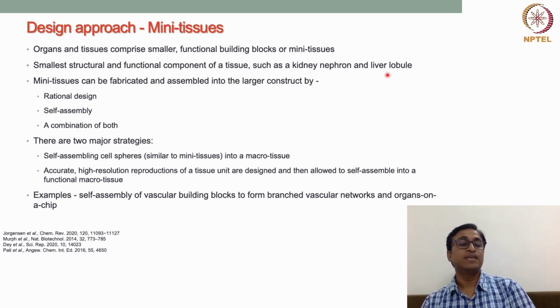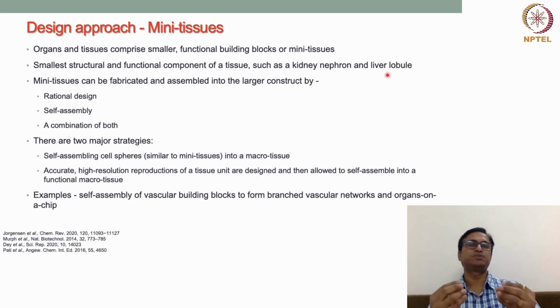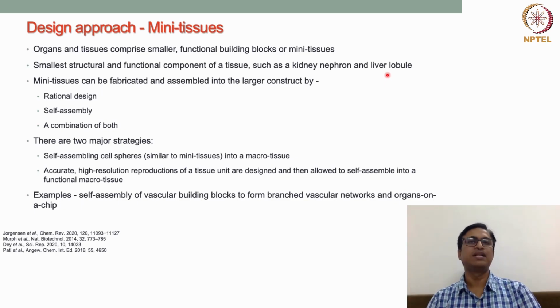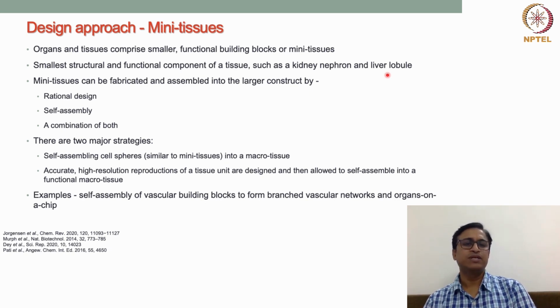Self assembly, as I discussed in the last slide, is when suppose the tissue building blocks, like cellular clusters, are put together, and if we induce a certain kind of organization and interaction between them, they self assemble, and then a particular tissue can be developed.